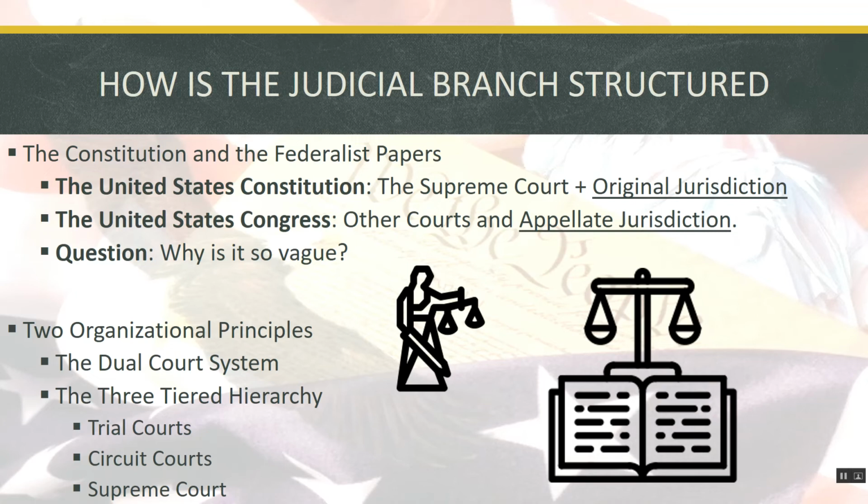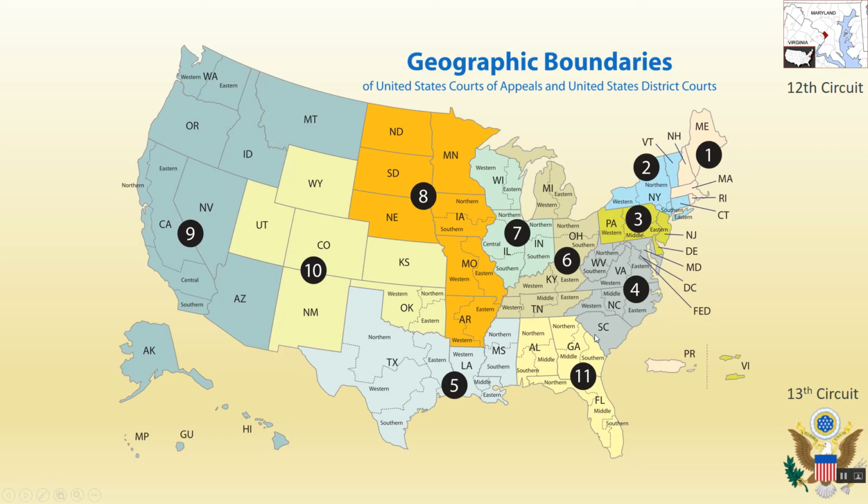So for instance, if you have a dispute about the law in California, and you go to a trial court, and the trial court rules against you, you can appeal that decision and go up one step. You can go over their head to the circuit court with jurisdiction over appeals originating in California. And as you can see on this slide, that would be the Ninth Circuit Court, because California is in the Ninth Circuit.